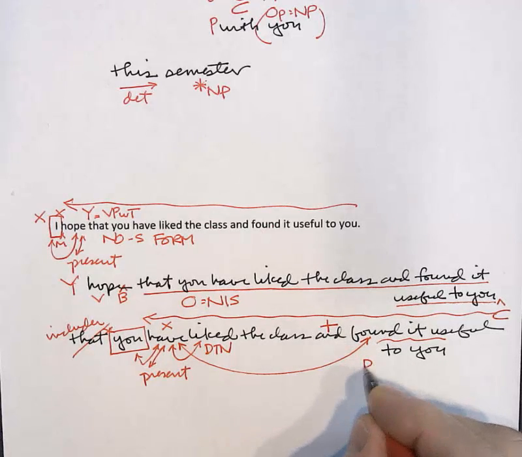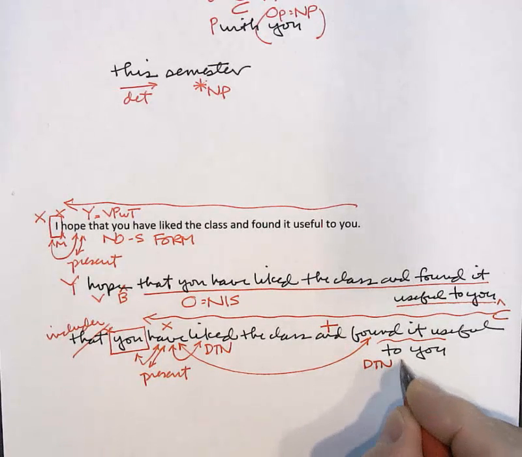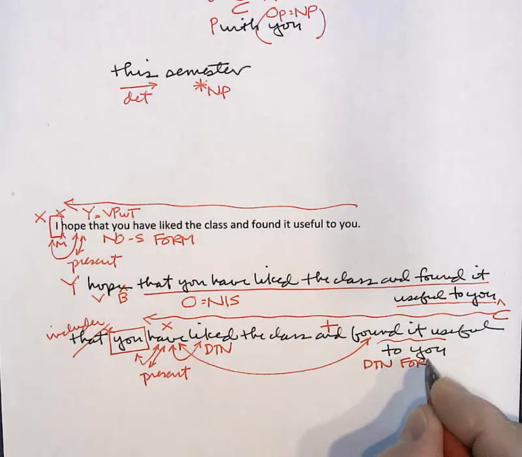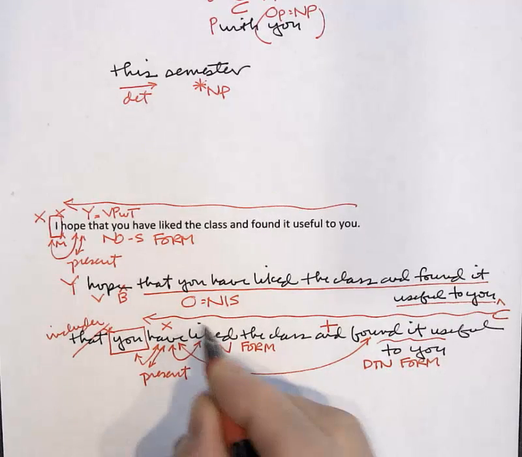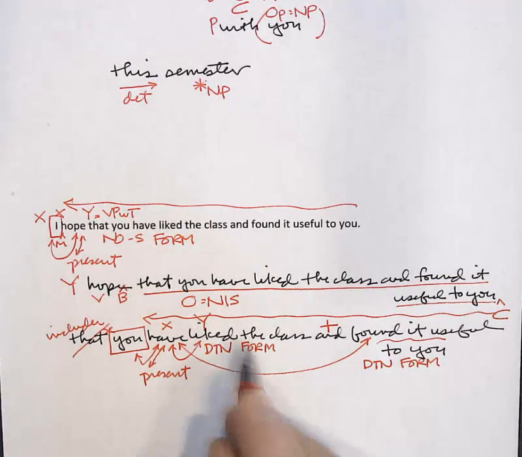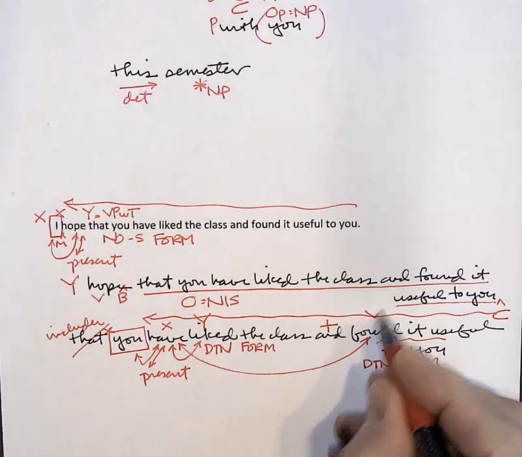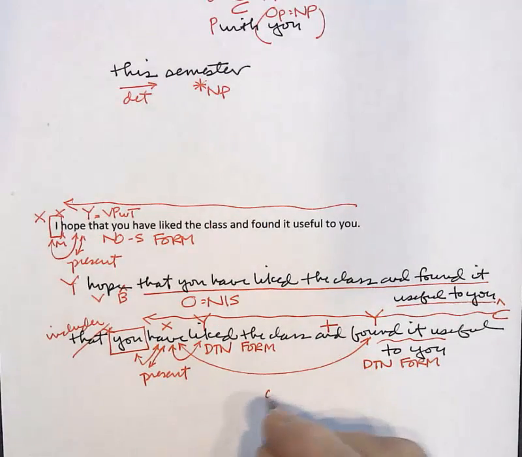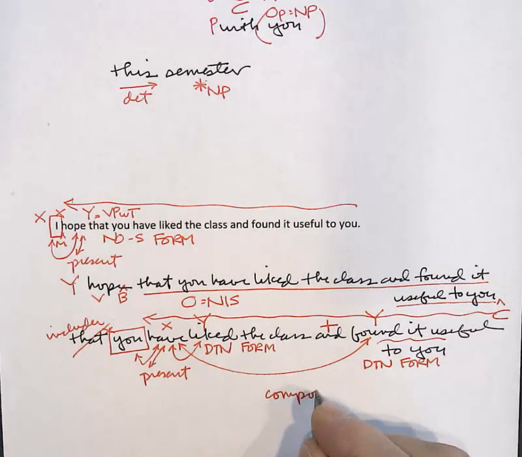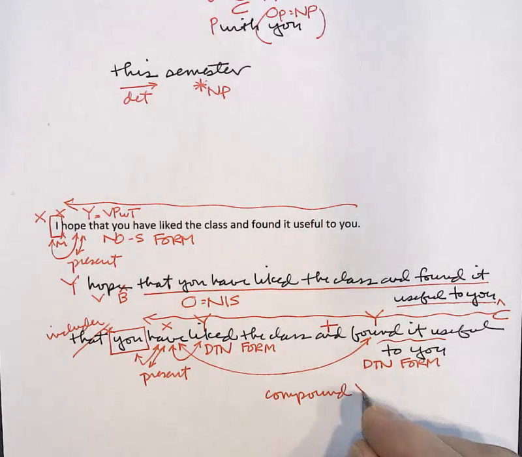So found is another DTN form, just like this DTN form liked. So liked the class is Y, and found it useful to you is Y. So we actually have compound verb phrases with no time in the Y place.